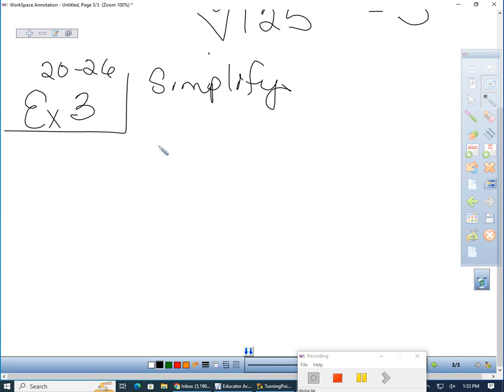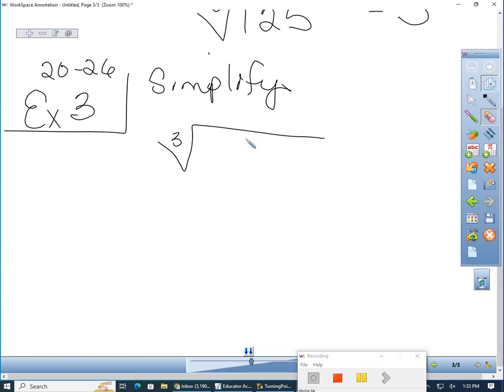So let's say I have the cube root of 54, x to the 6th, y to the 4th.